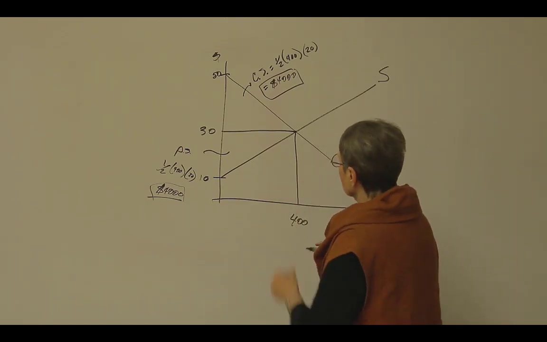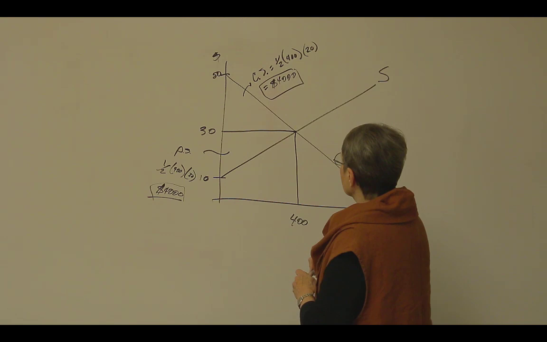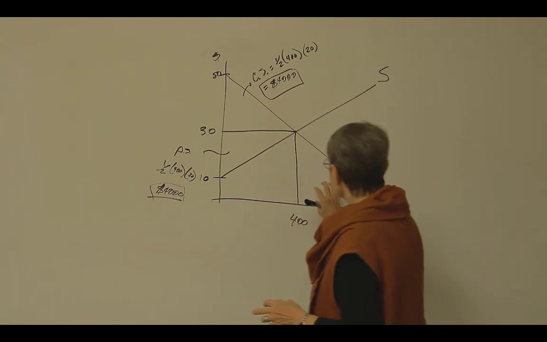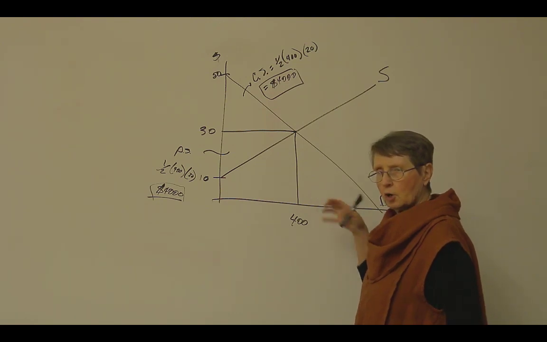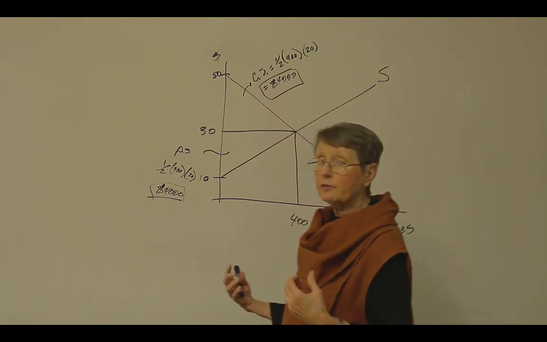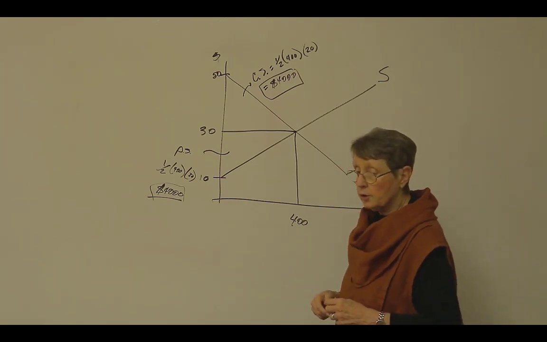Now, if some other country is able to produce shoes at a lower opportunity cost, and we've already talked about lower opportunity costs, and it gives the other country a comparative advantage.